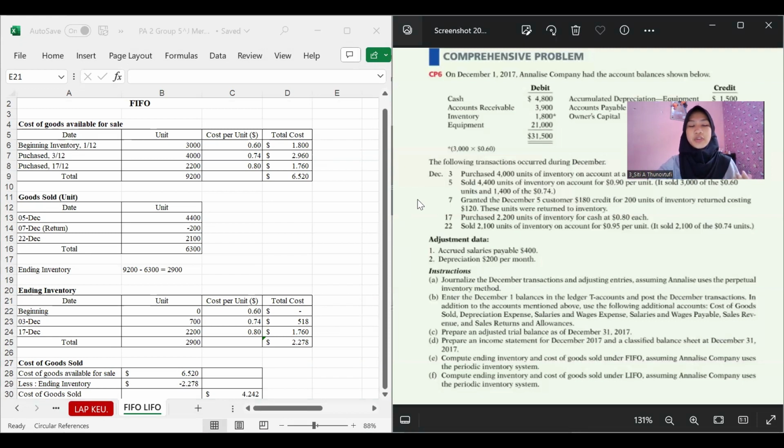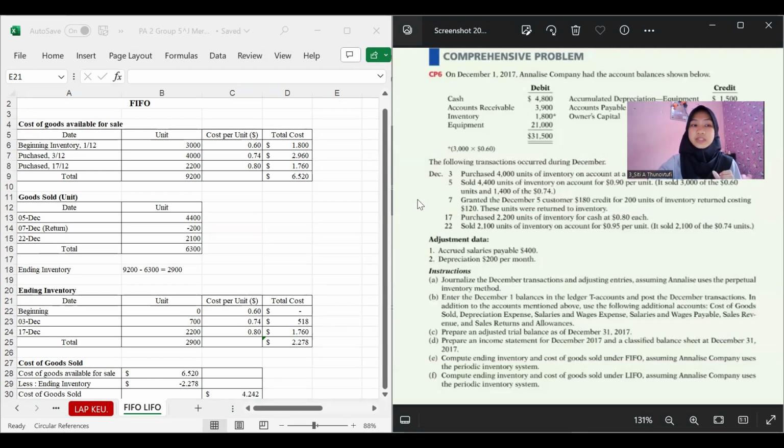To find ending inventory and cost of goods sold, we will first look for the cost of goods available for sale. First, the company has a beginning inventory on December 1st of 3,000 units with a cost per unit of 60 cents, and the total cost was $1,800.